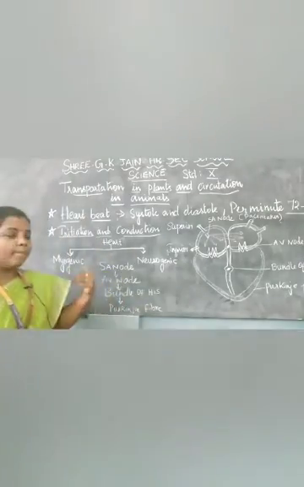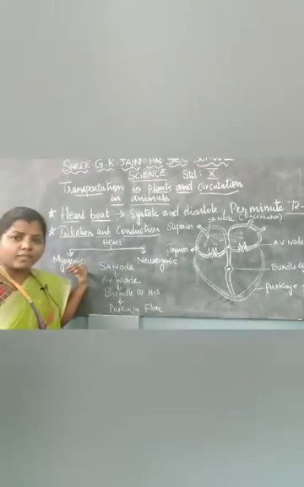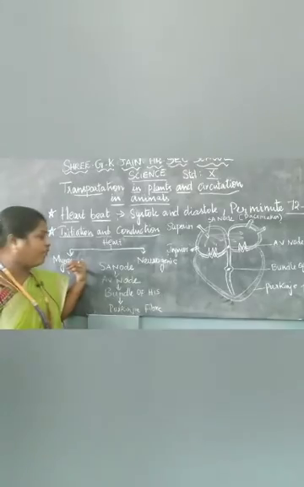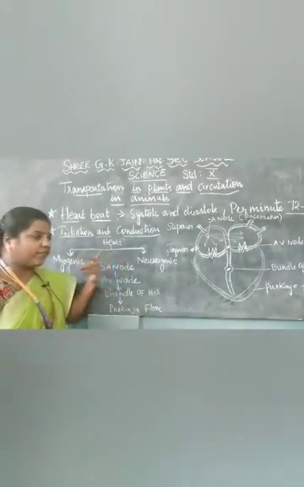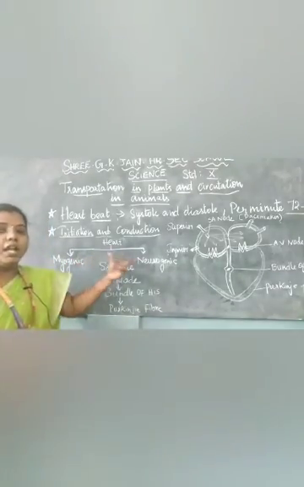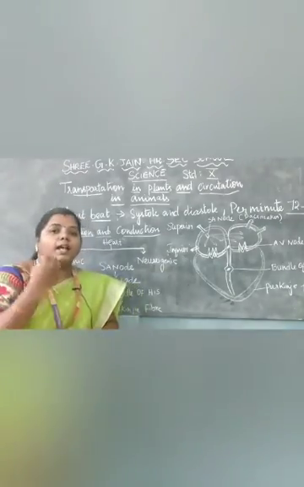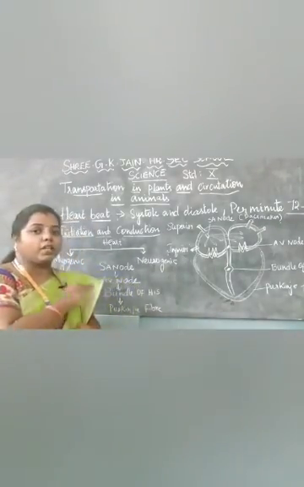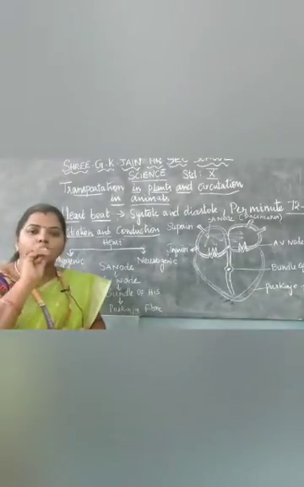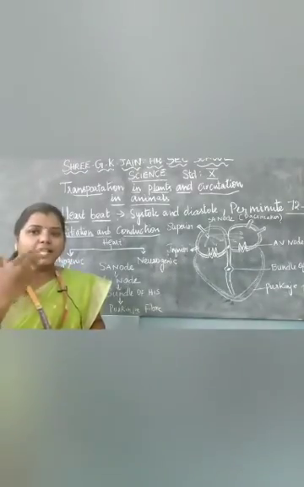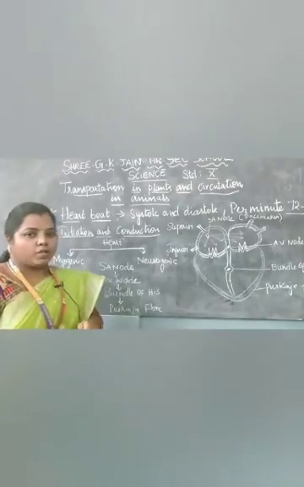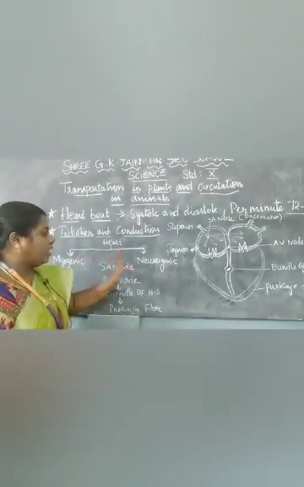So our heart is the example of a myogenic heart. So what is the difference between myogenic and neurogenic? Neurogenic means neuron impulses initiate the heartbeat. In myogenic, no neuron impulses are involved; the heart itself initiates it. So this is about myogenic and neurogenic.